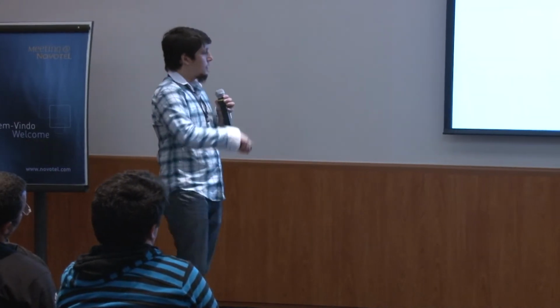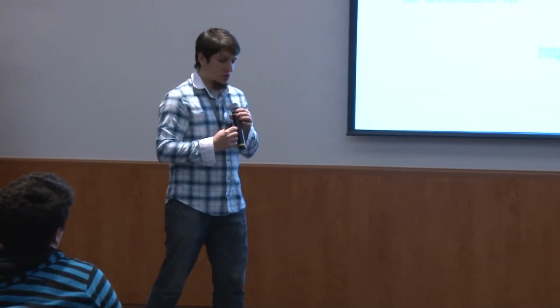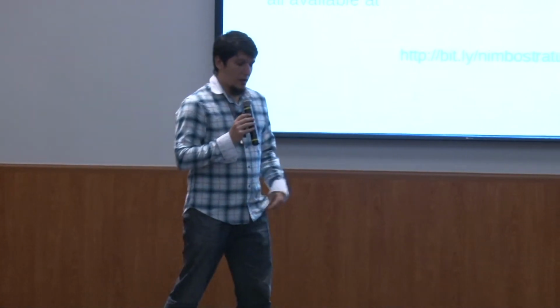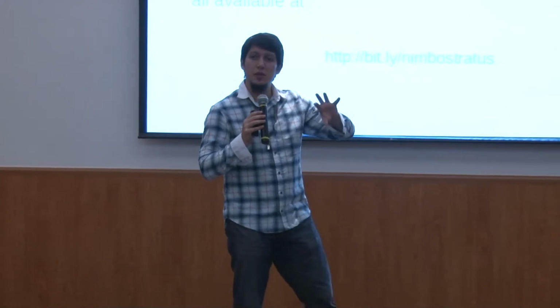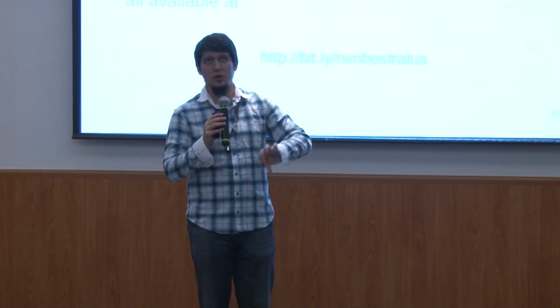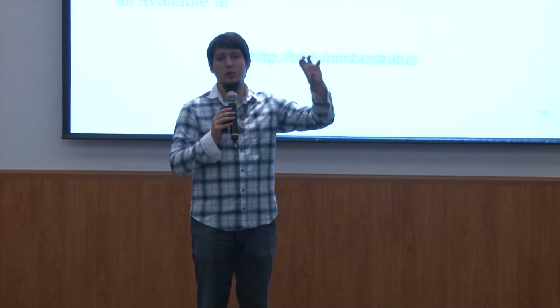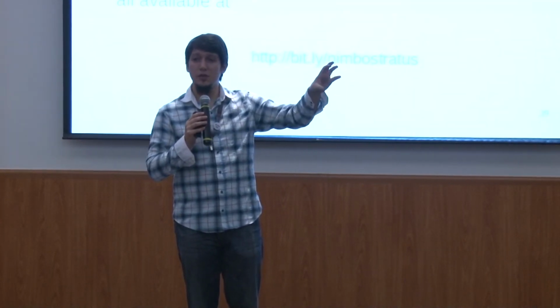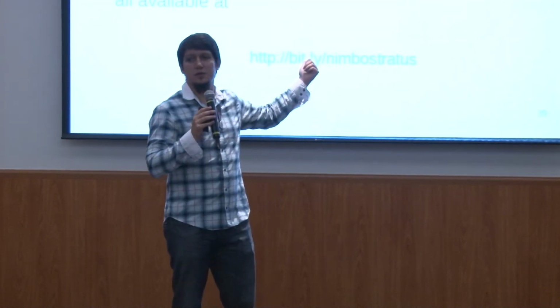This is me. Follow me. And the tool that I showed you is called Nimbostratus. Nimbostratus has two different parts. One part is a script that will call Amazon in order to create an infrastructure in Amazon that's vulnerable to all of this.